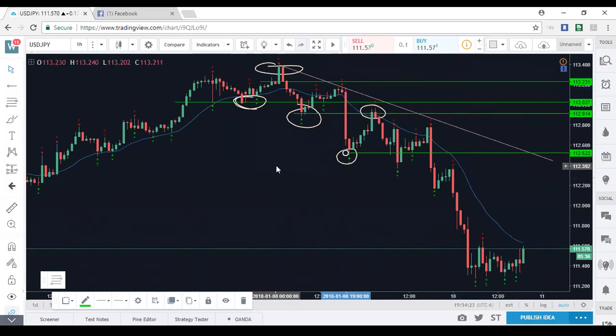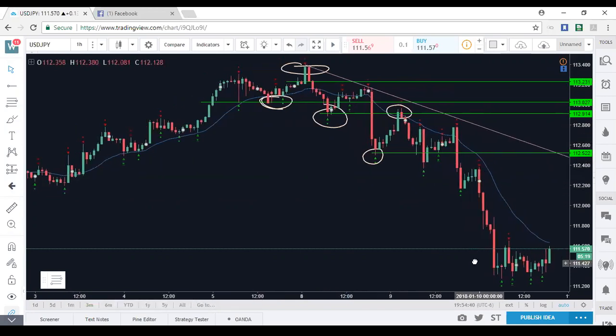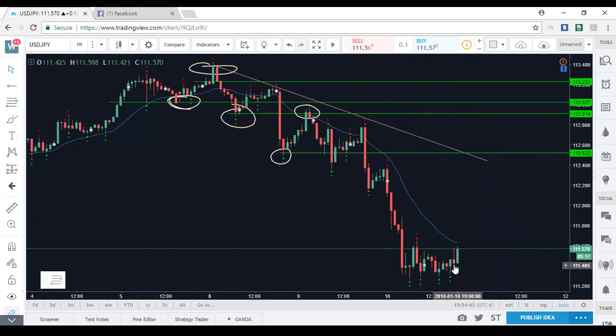Can y'all see the theme that's happening? As mentioned, on a downtrend you've got lower lows, lower highs, lower low, lower high, lower low, lower high, lower low, lower high. Now you've got a change in trend direction right here.